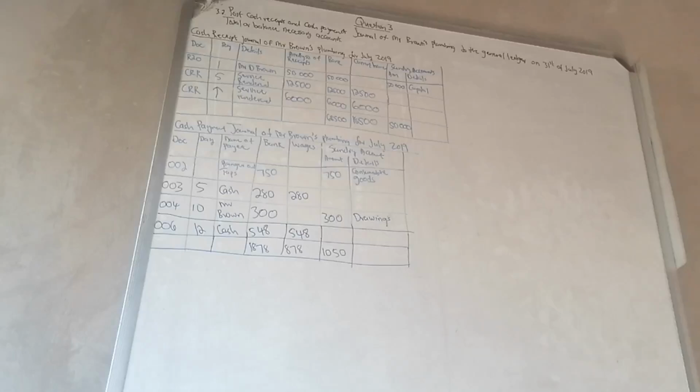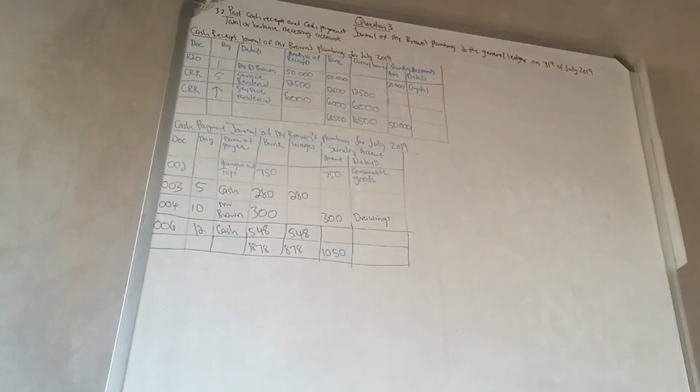The CRJ records all the cash receipt transactions of the business. The receipts are all the money that is received by the business and deposited into the business bank account. That's the duty of the cash receipt journal.